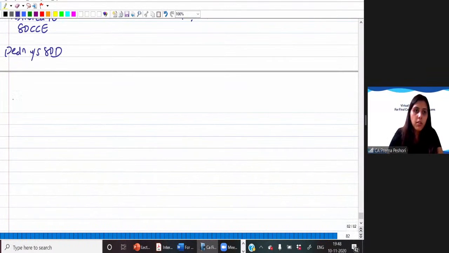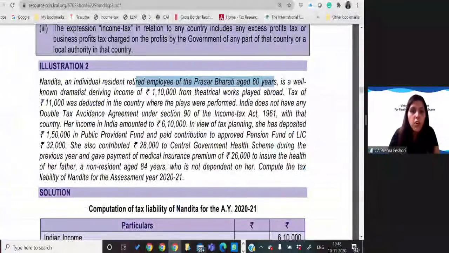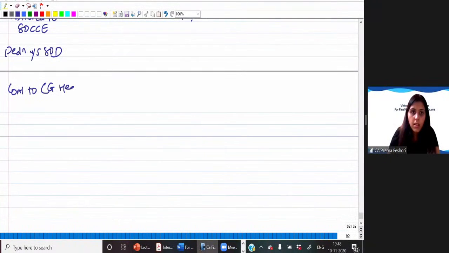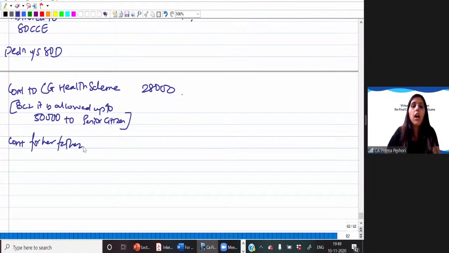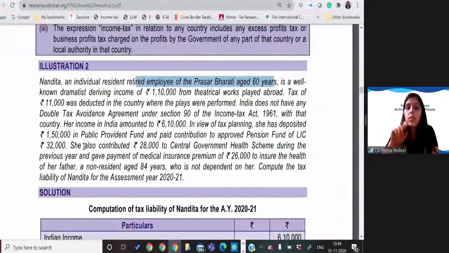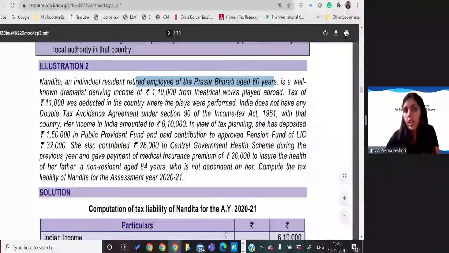So for her, the entire 28,000 is allowed, the contribution to the central government health scheme, because it is allowed up to 50,000 for a senior citizen, right? How about the contribution for her father? How much will be allowed? It is mentioned she has contributed 26,000 for her father, who is a non-resident aged 84 years.